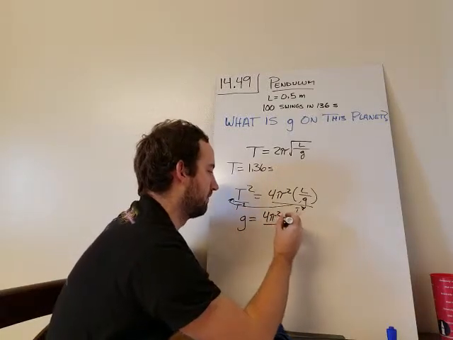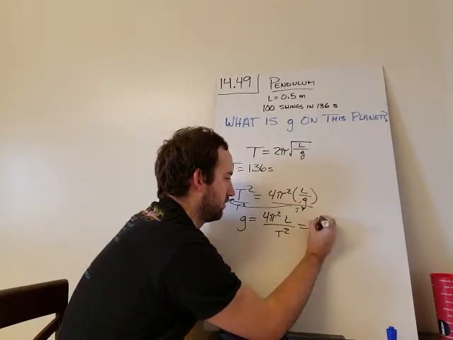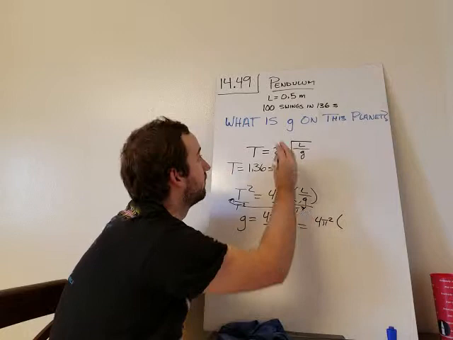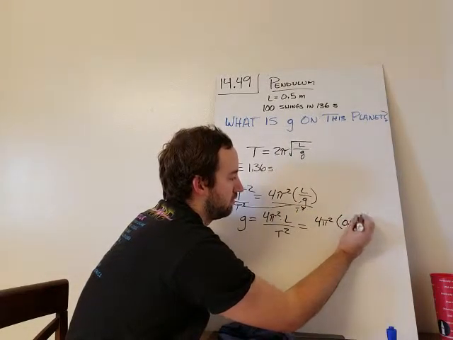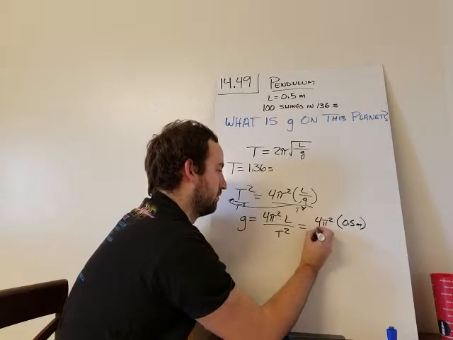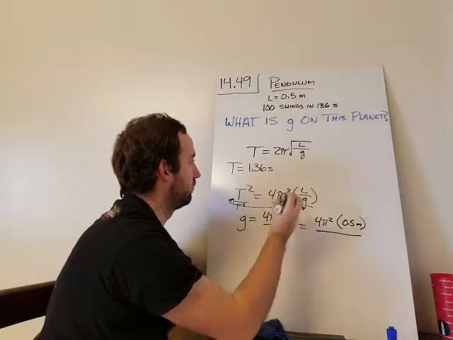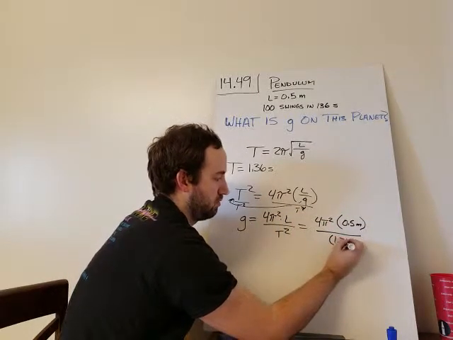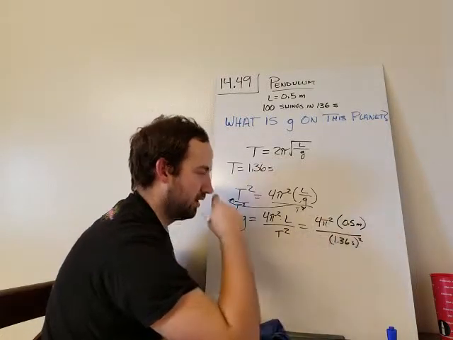And so, let's do that. We get 4 pi squared times the length, which is going to be 0.5 meters, over the period, which we found out to be 1.36 seconds, squared.